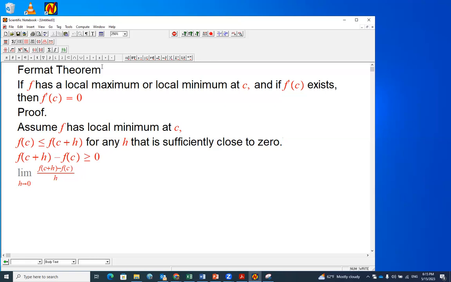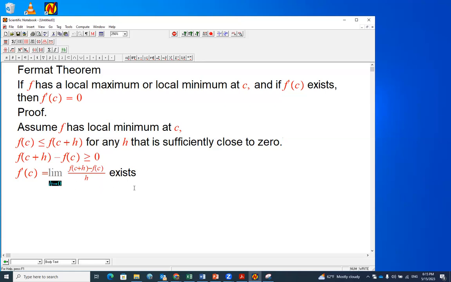And of course, this limit exists because we were told so, right? So the derivative of the function at c is that limit, and we know that this exists.